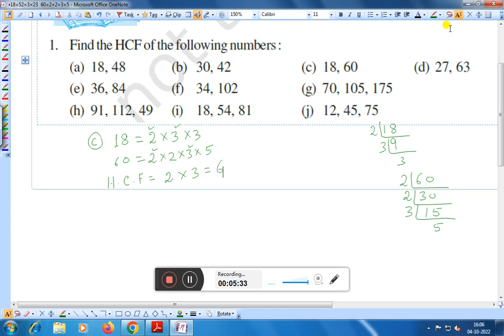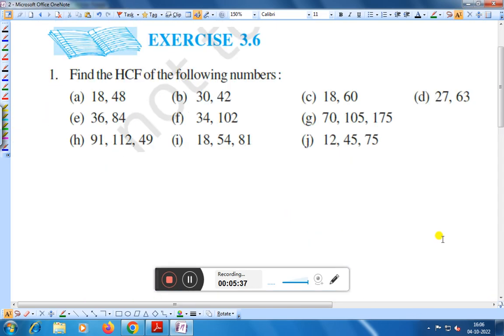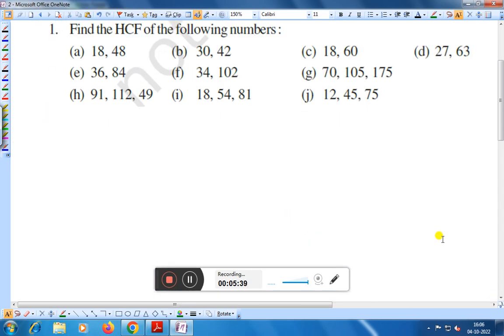Now, question number D. Next, we will do question number D. Here see, question number D is 27 and 63.